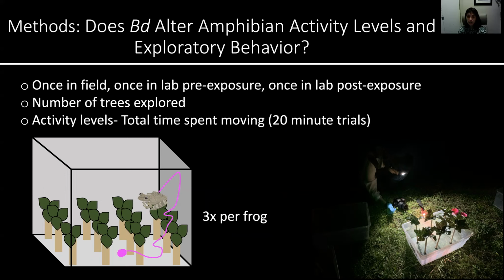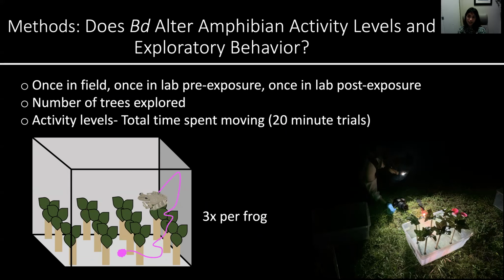Frogs were powdered with this fluorescent pink powder that you can see in these images, so it would be easier to see their movements in 20-minute video recordings, because these videos were taken at night when the frogs are most active and the videos were pretty dark, so the pink powder made it easier to see them in the recordings.